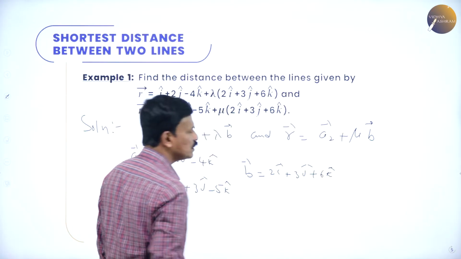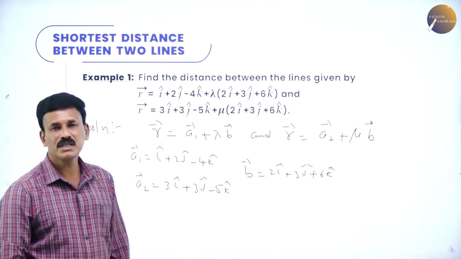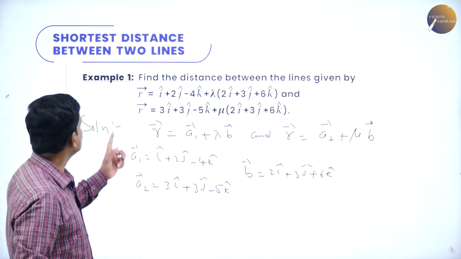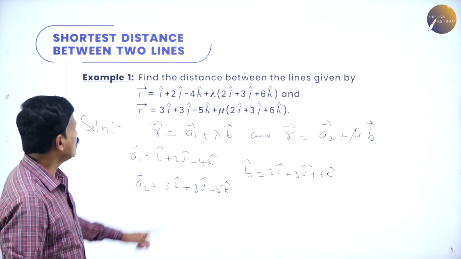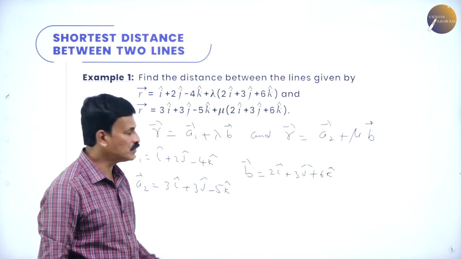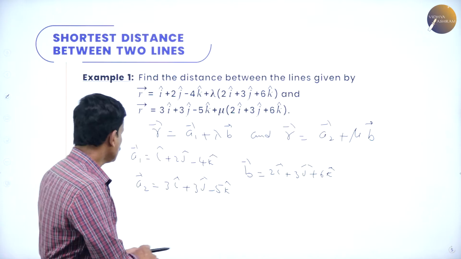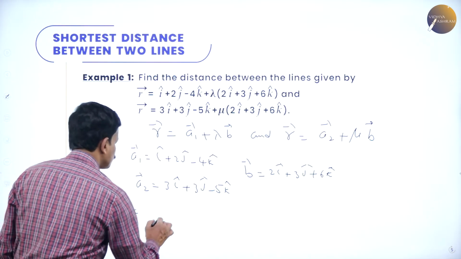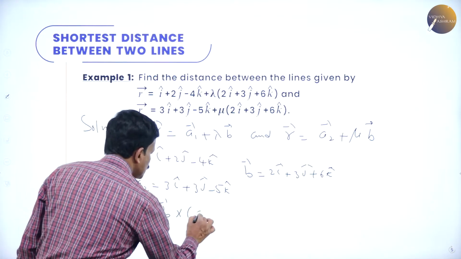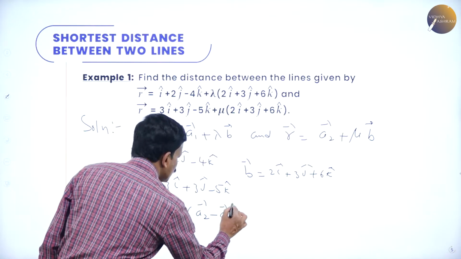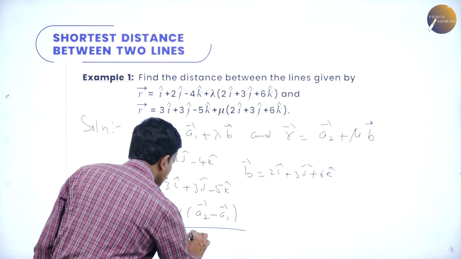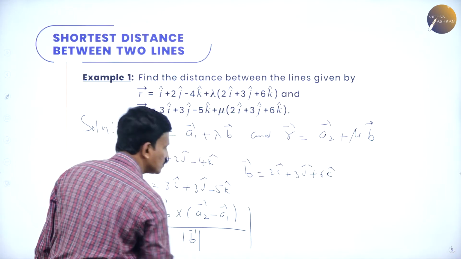Keep it in mind, there are two types of problems. Find the distance between the lines. Whenever the vectors b are the same, the formula we use is the distance d is equal to the magnitude of vector b cross (a2 minus a1) divided by the length of vector b.